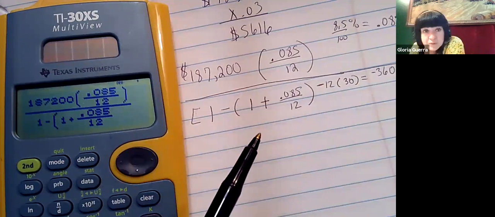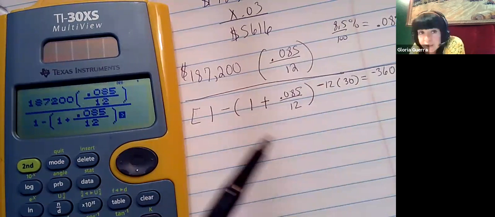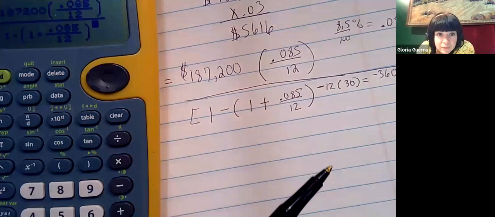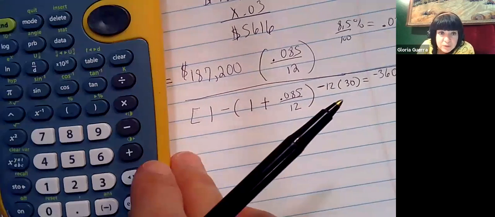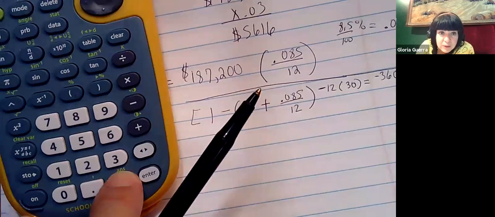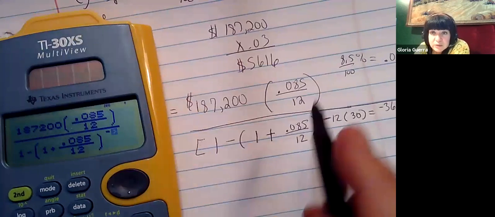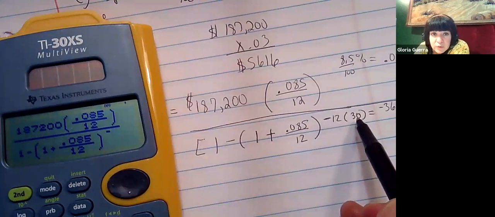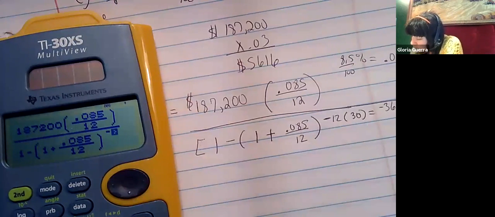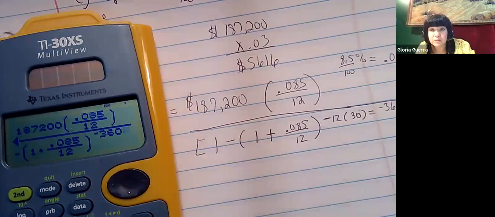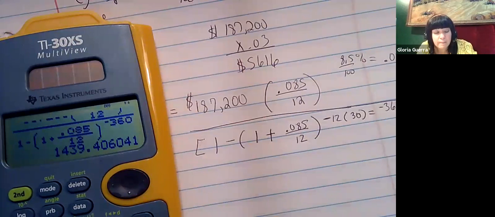So close the parentheses, then put your hat key, and then be careful here, it's a negative. Don't use the minus sign, you want to use this little negative sign changer. And it was 360 because 12 times 30, so it's negative 360. And then now you can just hit enter because that's the last piece that we're typing in.